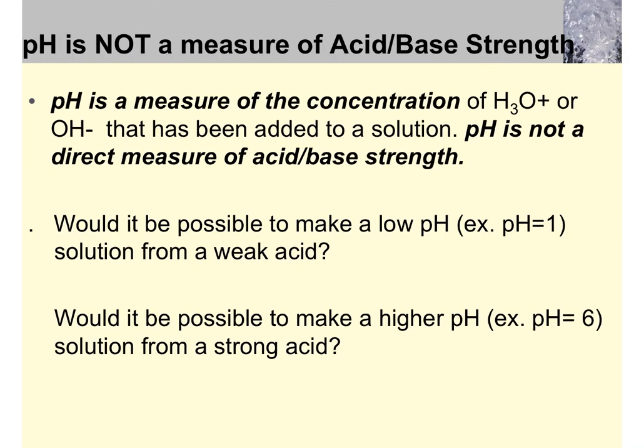One of the things that's easy to get mixed up is pH and acid strength, okay? pH is not the same thing as acid strength. So remember what acid strength is. That simply tells you how thoroughly an acid dissociates into the ions in water. pH does not tell you anything about how much of an acid dissociated in water.